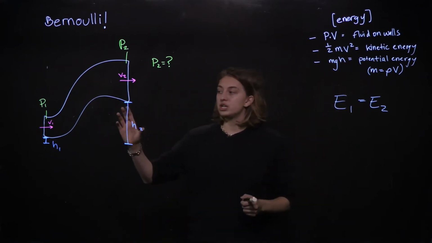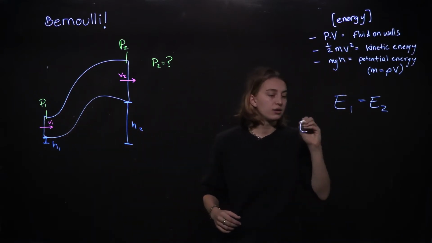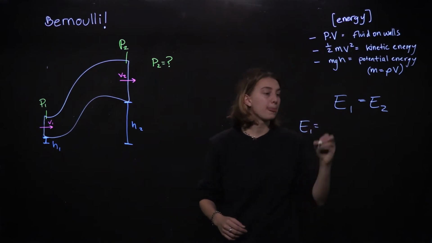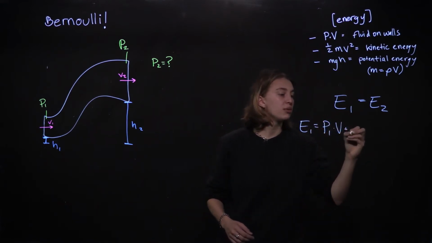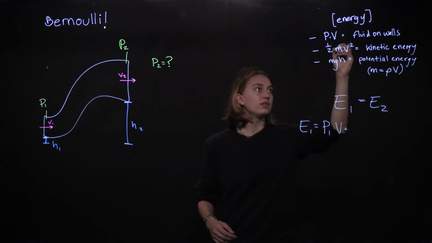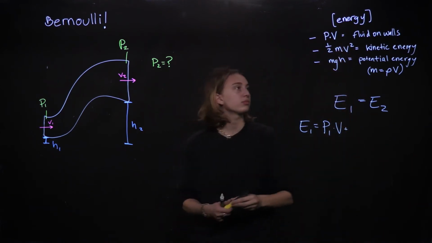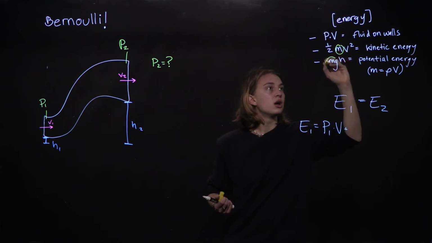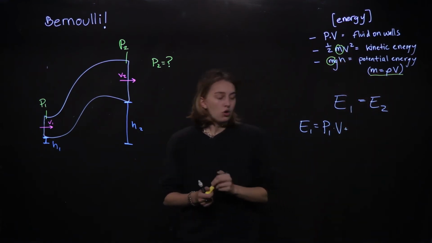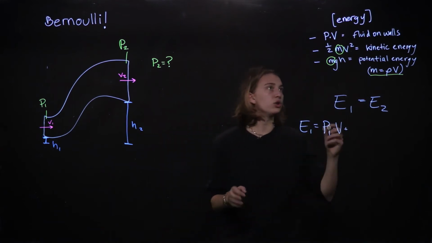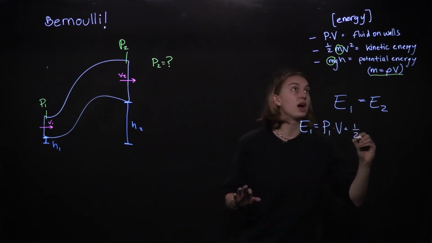So our energy at position 1 is equal to the pressure at position 1 times the volume plus, and for both of these mass terms, I'm going to replace them with rho V. And you'll see why I have done that in a second.